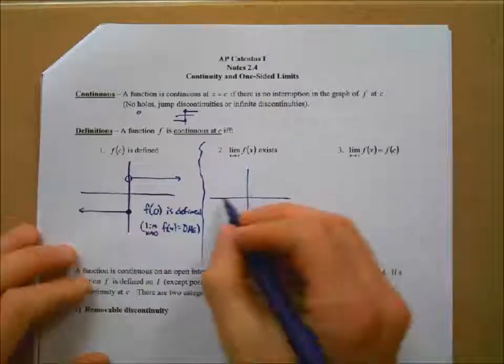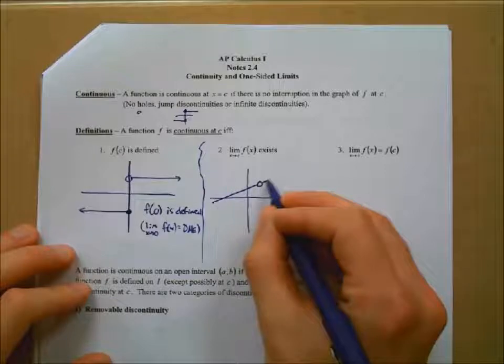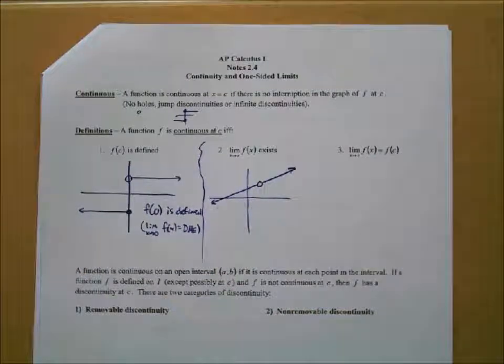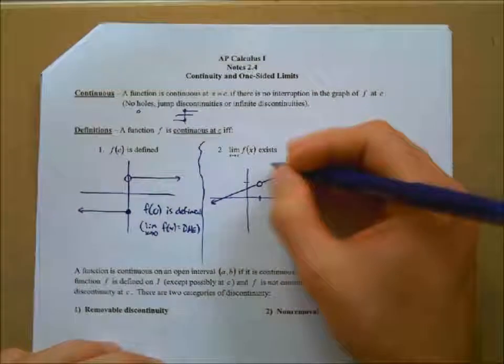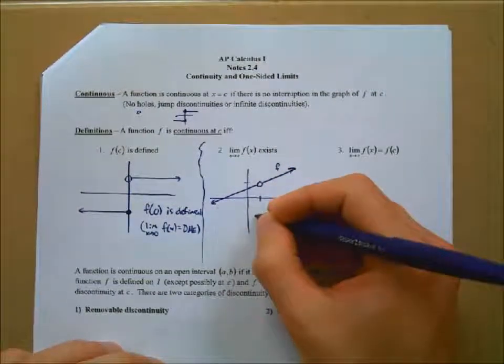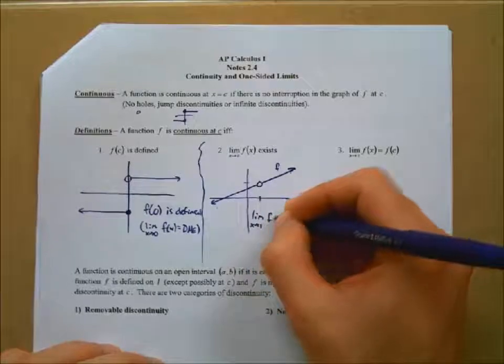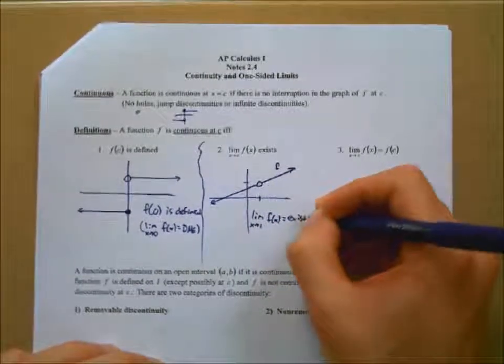So there's a different function. Here, the limit as x approaches 1 of f of x exists.